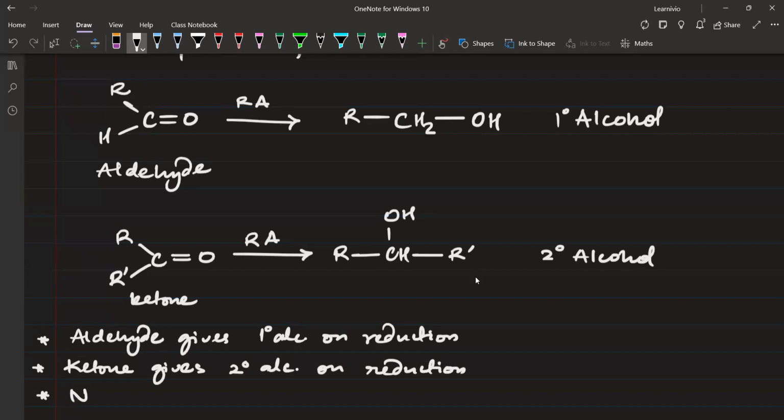Thirdly, you will write the number of carbon atoms remains the same. The number of carbon atoms will stay as it was, nothing changes. Okay? I will illustrate a few examples.